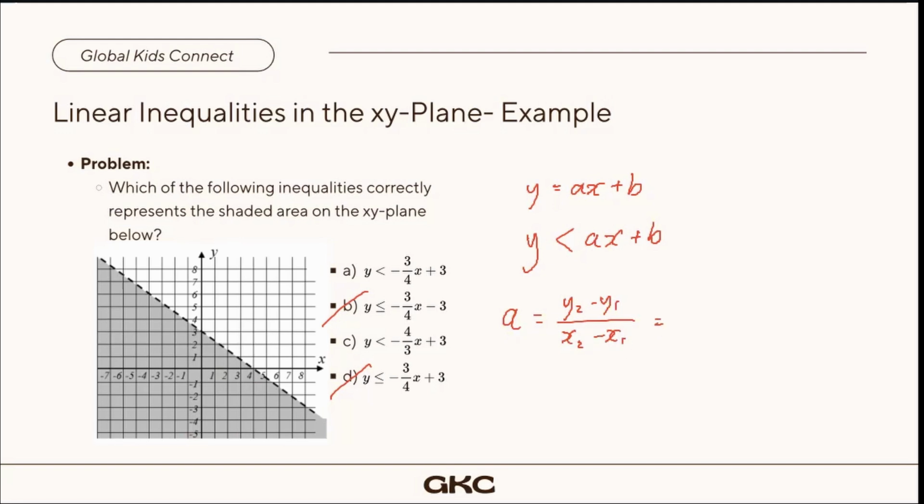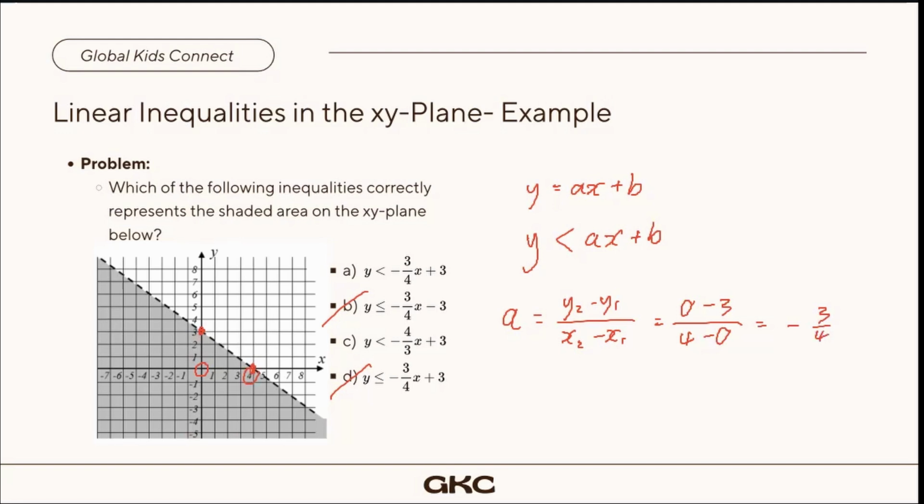Let's say y1 was 3 and y2 was 0, excuse me. Then we get y2 being 0, y1 being -3. And if we have x2, the later value, of 4, and x1, the initial value, of 0, with the origin as our basis, then x2 will be 4 while x1 will be 0. Simplifying this, we have -3 over 4 for our slope.